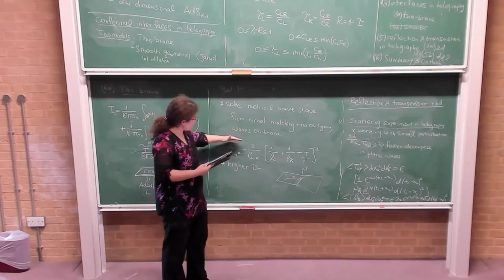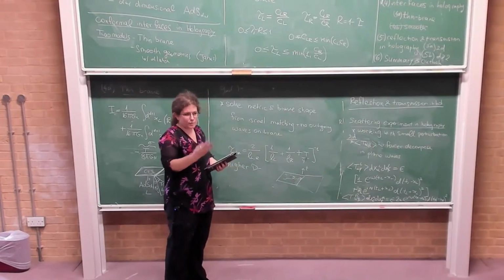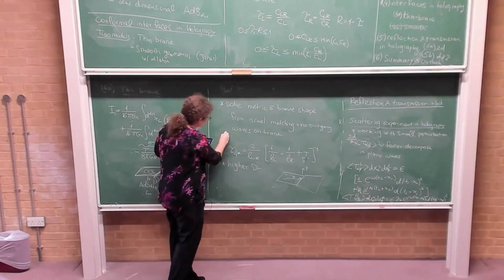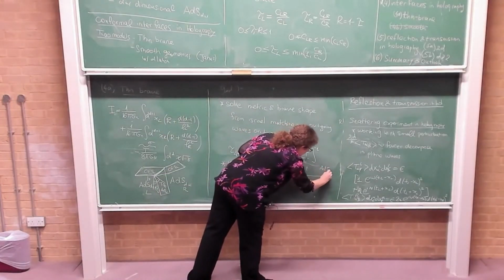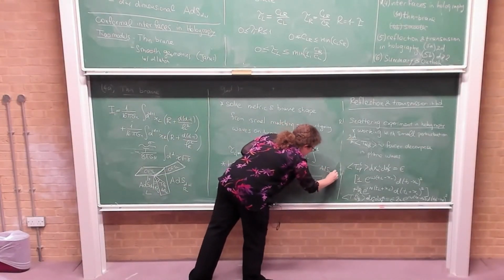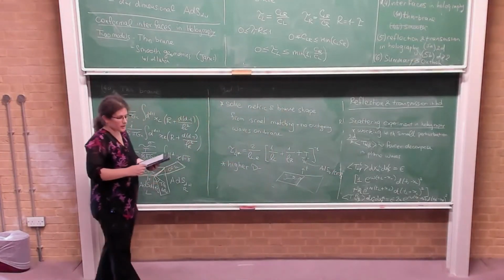In terms of the central charge, it has a form which looks quite different, because this is in AdS 4 dual CFT 3. It must depend on the dimension, but we don't know yet.